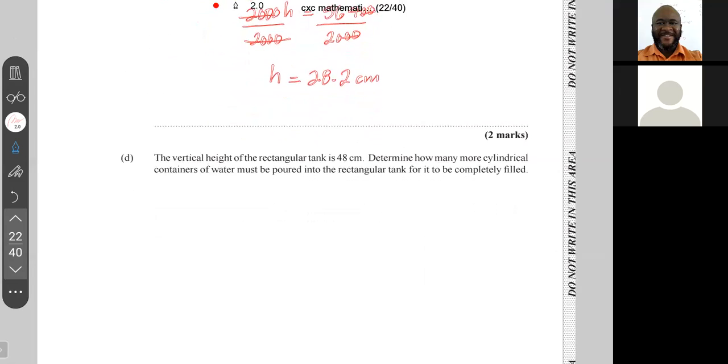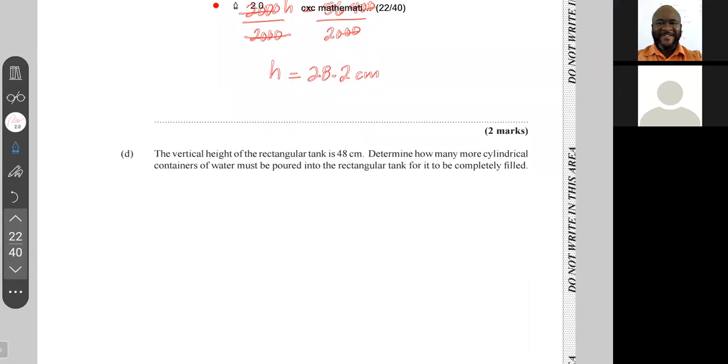Now we're told that the vertical height of the rectangular tank is 48 centimeters. Determine how many more cylindrical containers of water must be poured into the rectangular tank for it to be completely filled. All right, so let's work out the capacity of the tank.